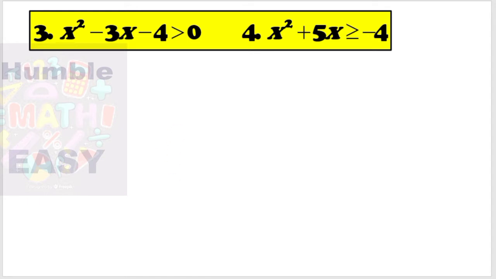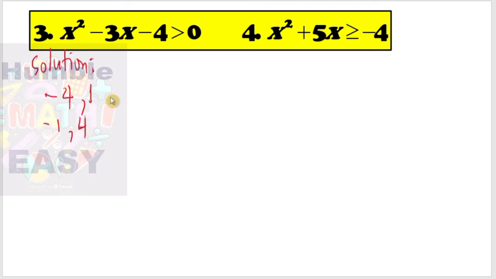So we are looking for the factors of negative 4. We could have 4 and negative 1, or negative 4 and 1, or negative 1 and 4, because the product is still negative 4, right? So its sum is negative 3.